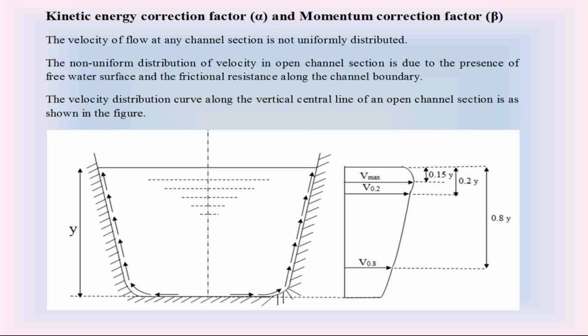In the kinetic energy equation, half m v squared, m is the mass of the body, and v is called the uniform velocity of the body.